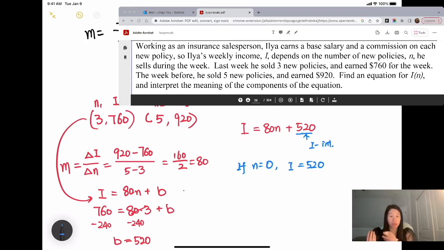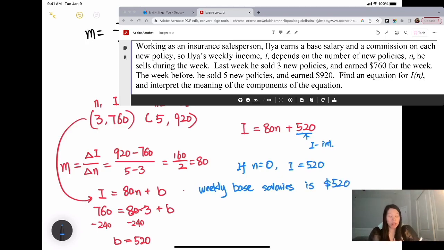That means if you don't sell any policy, you will still earn 520. What does that mean in the business world? Say it loud, I know you got it. This is the weekly base salary, because his commission is counted on top of the weekly base, which is 520.